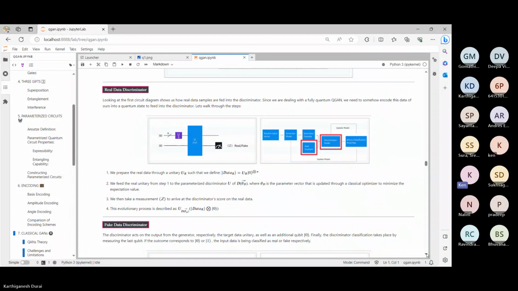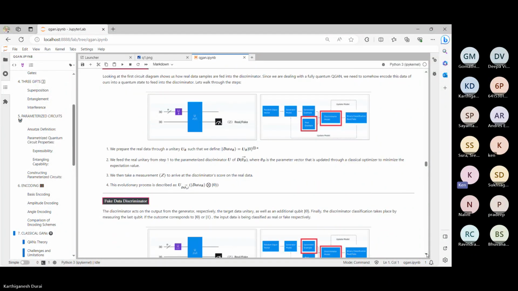We prepare the real data through a unitary U_R such that we define data R, our state vector, as equal to some unitary times that state vector, where the tensor product here is the number of qubits that we have to work with. Then we feed that unitary of real data into a parameterized discriminator U, called D theta, D to highlight the fact that it is a parameterized circuit.